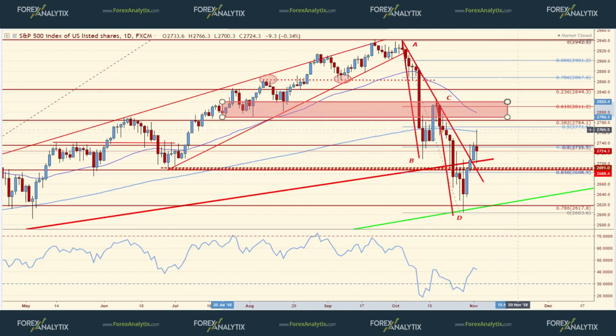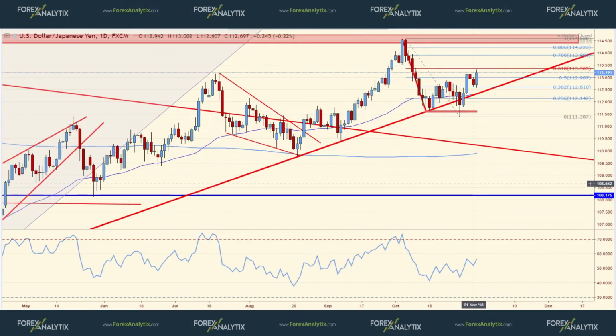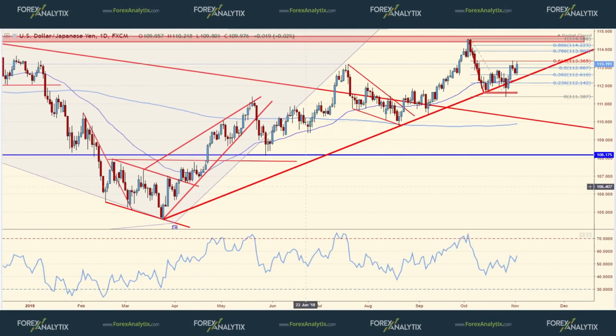But the improvement that we might see is in some of these yen pairs. Take a look at the dollar yen. The dollar yen has held this uptrend line. We had a false breakdown, you can see it right here, and that could give us a double bottom, which could lead us to a move towards approximately 114 and some change.